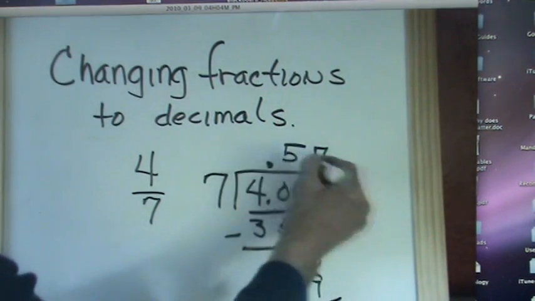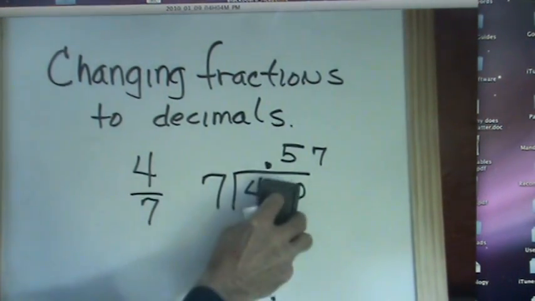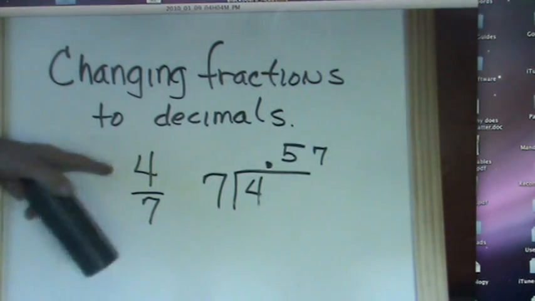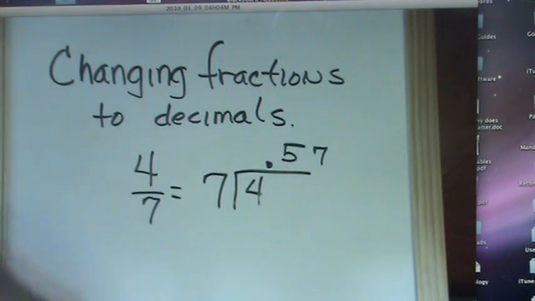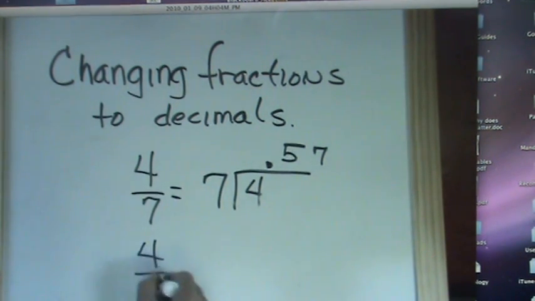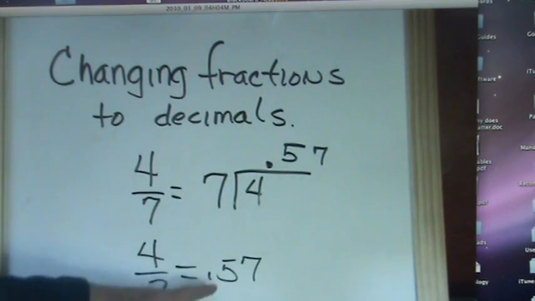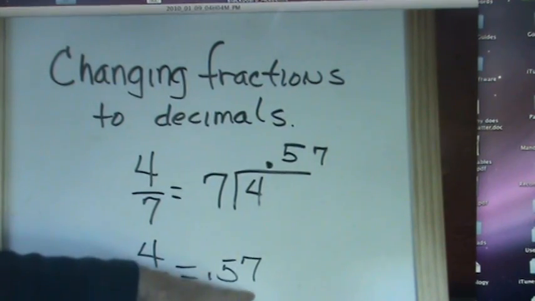And we only need to go 2 decimal places. So if I wanted to change 4/7 into a decimal, 4/7 is equal to 57 hundredths. 57 hundredths, that's the hundredths place.